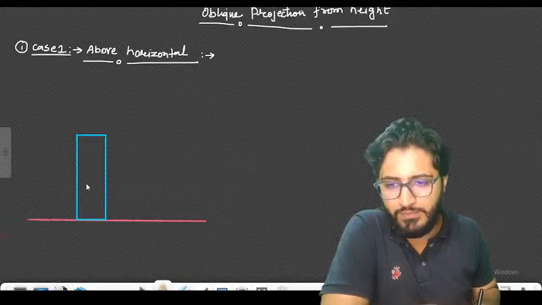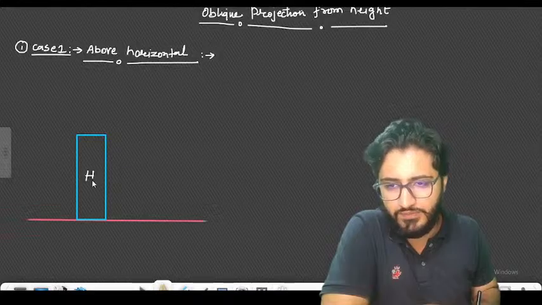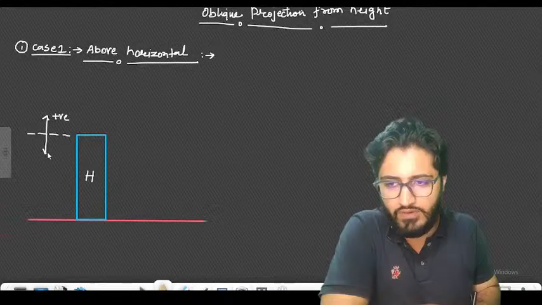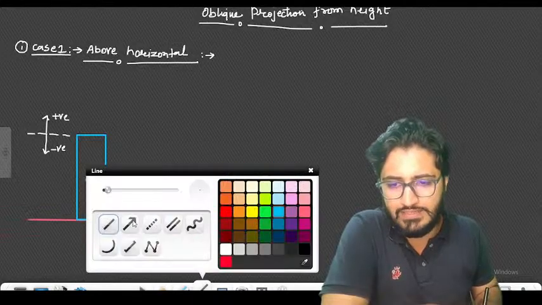The height of the building is h, it is given to us. Now the observer is at the highest point, take upward as positive, take downward as negative.